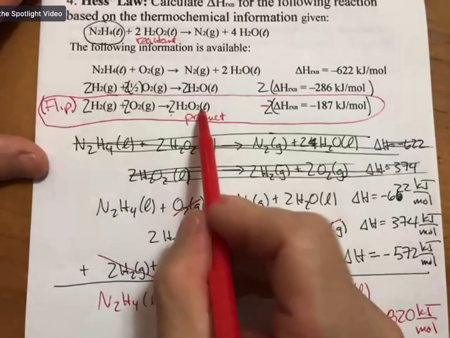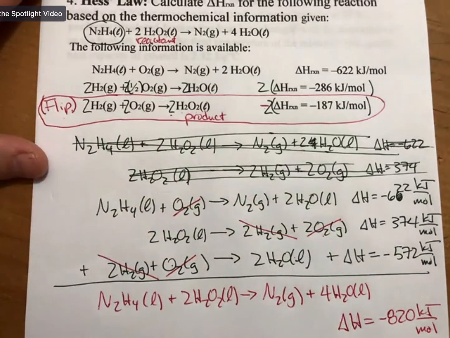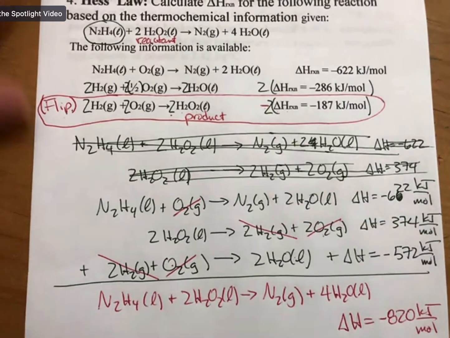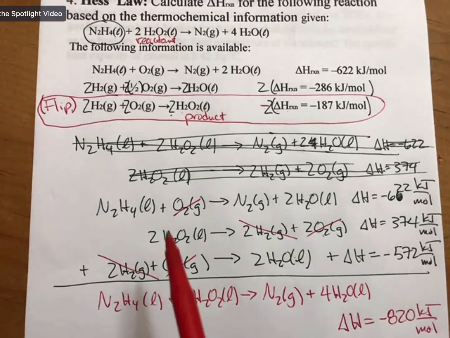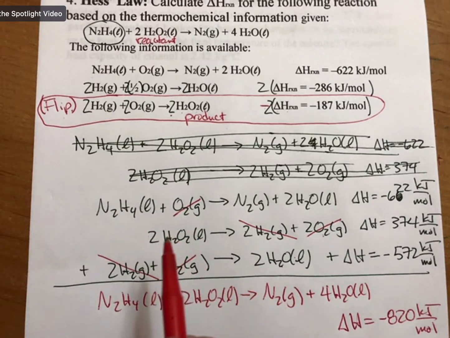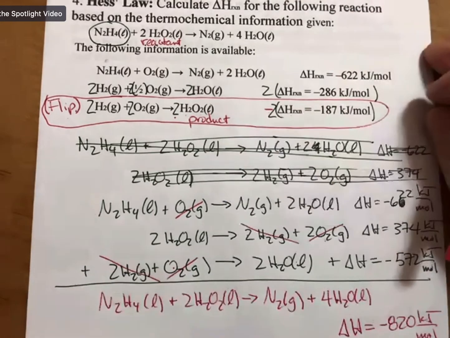So when you flip it, that's going to put my H2O2s over on my reactant side. And then when we flip it, we have to do minus delta H, because you're basically making the energy of those reactants and products opposite. And opposite energy means opposite sign. Great. Yeah, good question. Any other questions about this one?